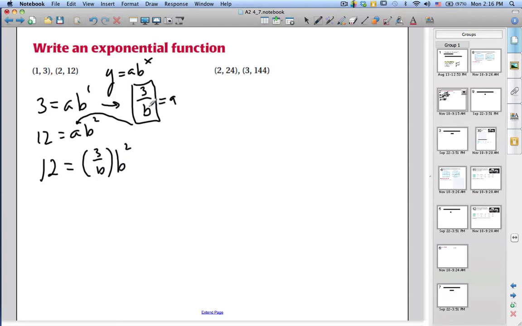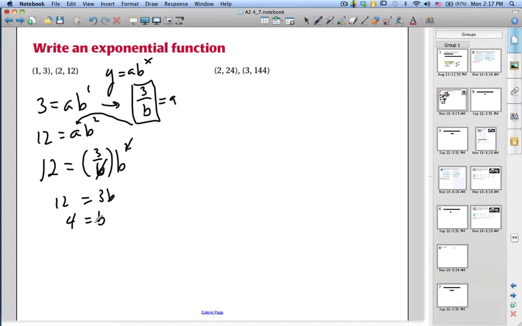By doing substitution, I've gone from equations that have two variables to an equation that has a single variable. This will now allow me to solve for b. So b squared times 3 over b is going to end up being just 3b. And when I divide by 3, b is equal to 4.